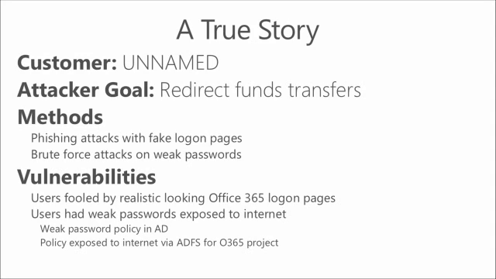The attacker effectively targeted their users through a couple of different methods, through phishing attacks as well as brute forcing the accounts that had weak passwords. They weren't trying to gain administrative control in this particular case. They were trying to take over either user accounts or to trick the users into directing the funds to the attacker's accounts rather than to the legitimate accounts.